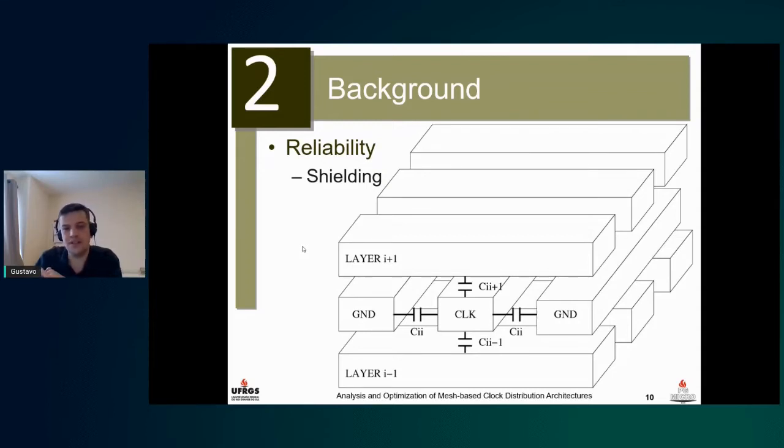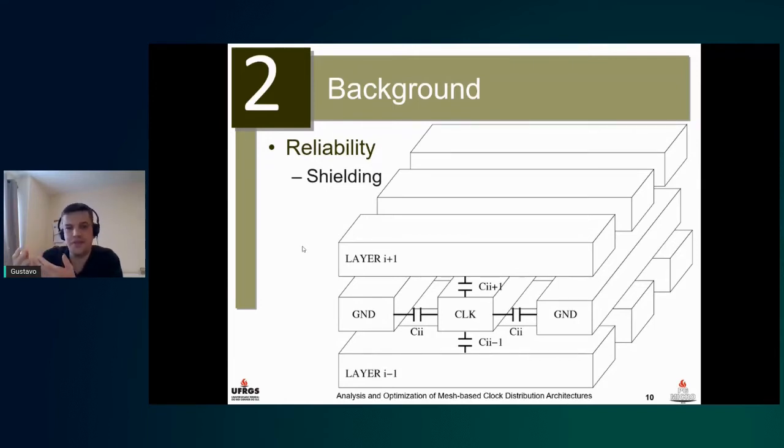The shielding is usually done only in the same layer. So if you have the wire going horizontally, you would shield only the adjacent tracks, so that you are protecting the largest coupling, since the top and upper layers are going to run in the perpendicular direction.